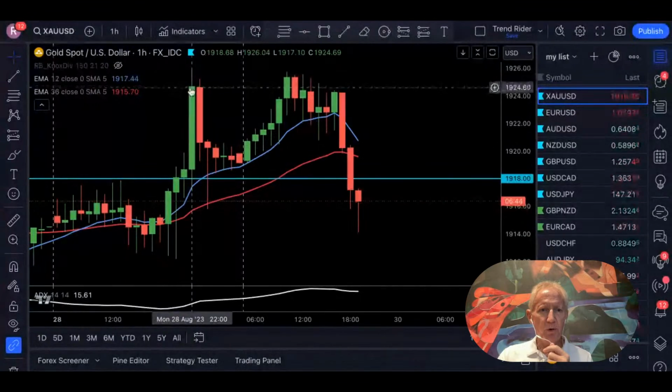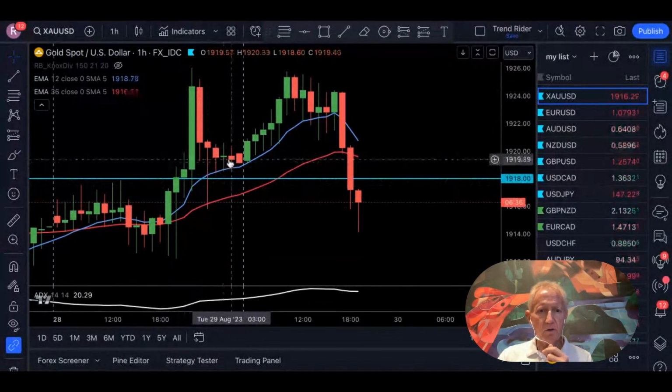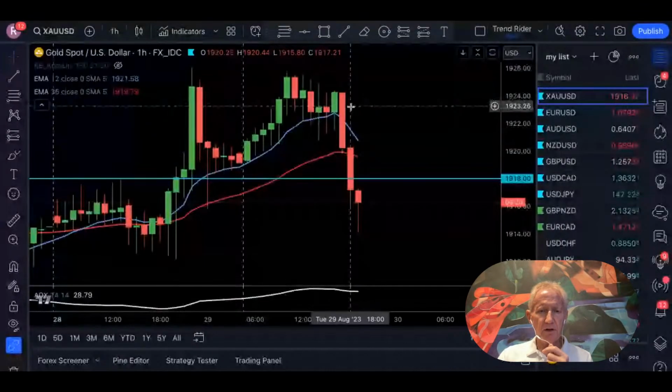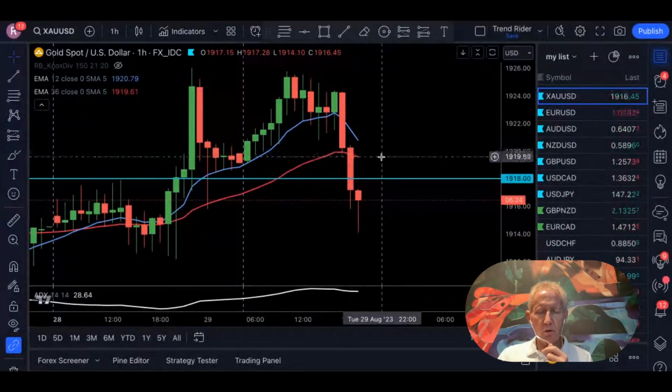The bulls were trying to get control, the buyers trying to take over, but they were unsuccessful, and it closed back down around our 1918, 1920 zone right in here, and then tried to make another move up today. But again, in the later sessions, we're starting to see the bears having complete control.